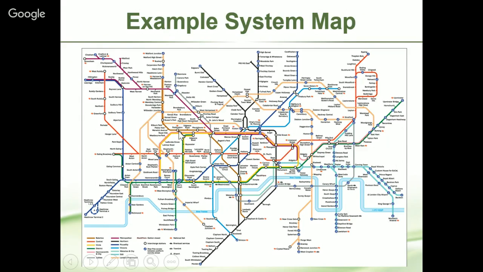Where do they overlap? Where do people transfer? In the case of an application or an automated system, that might be where does data transfer? But this is a pretty complex set of information presented in a very clear way, so that if you are trying to navigate the London Underground, you can pretty much do it from here.